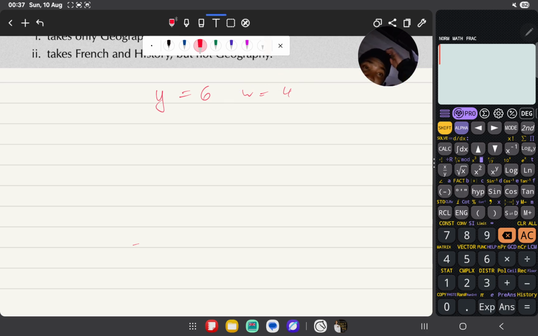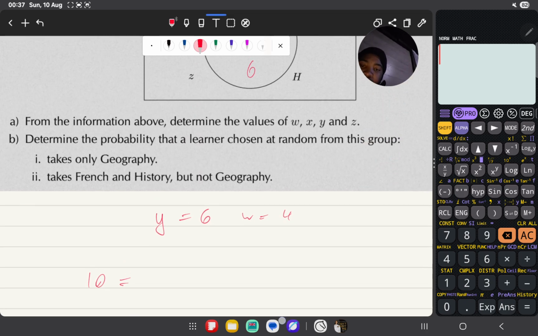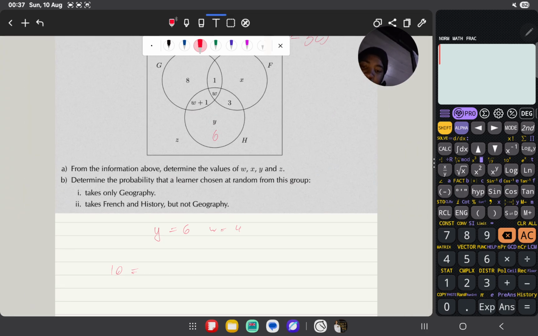Cool. So we have 10 equals, we look at the numbers, you have x plus 3 plus w plus 1, right? That's what is inside the circle. It's x plus 3 plus w plus 1. But the thing is, we found w, which was 4.